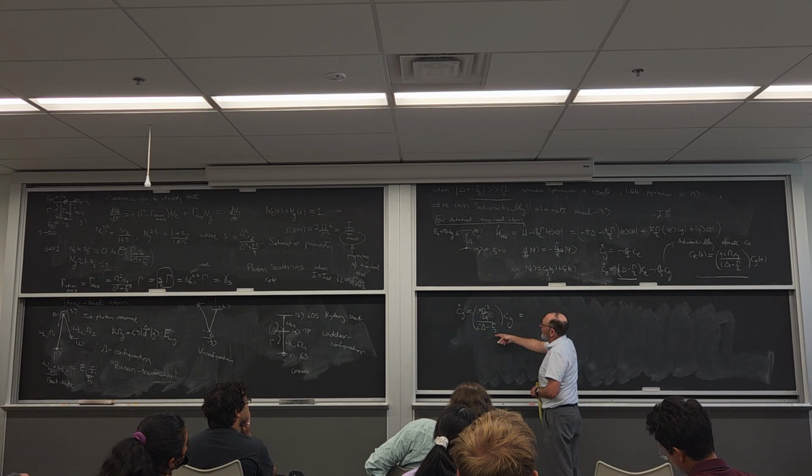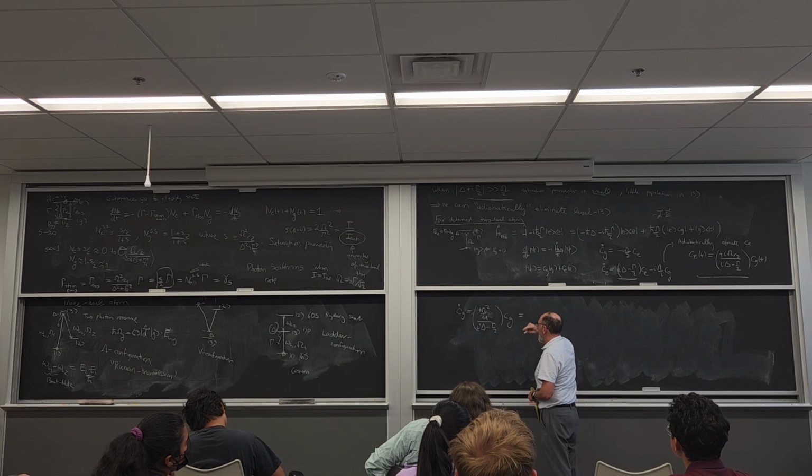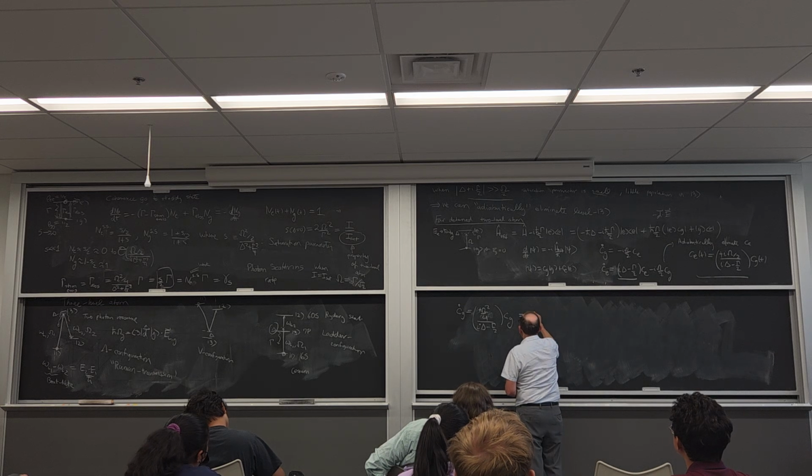Okay, and this, once I normalize the denominator, I'm going to multiply top and bottom by the complex conjugate, I get the following.